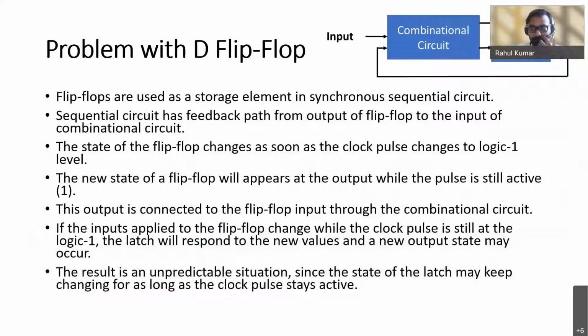So if my clock pulse is high for, let's say, 1 second, during that entire 1 second, the output of the memory element can change, and the output of this memory element is going back to the input of the combinational circuit.